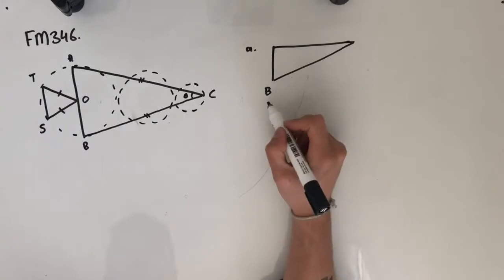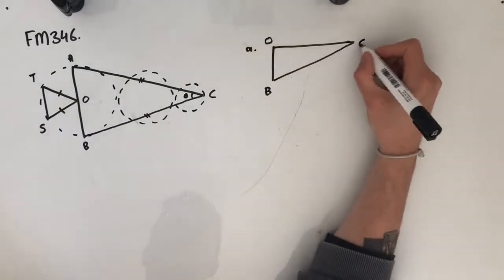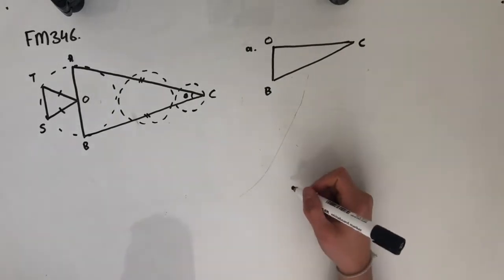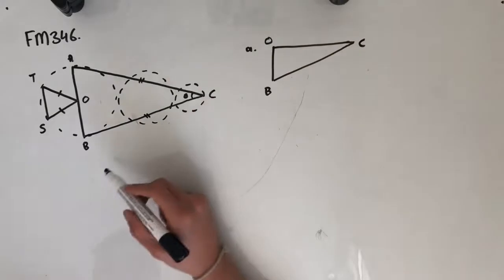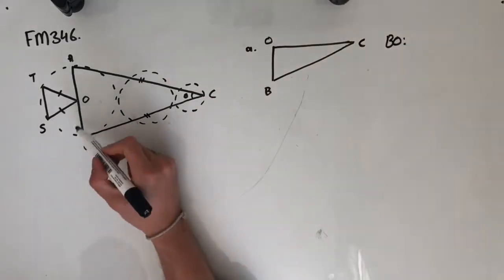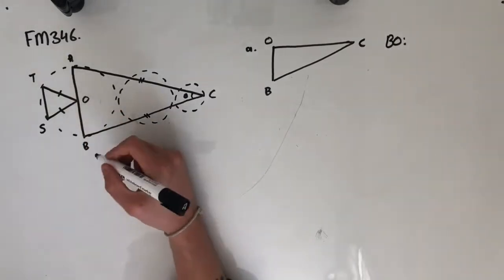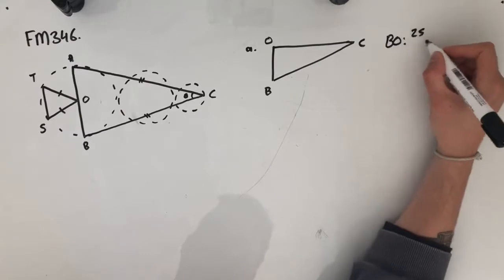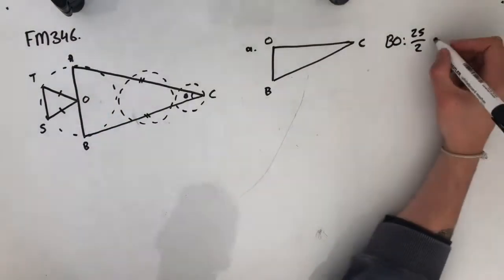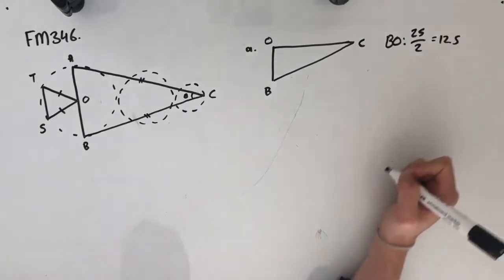So we're going to take a right angle triangle between B, O, and C. The reason for this is because I know that line BO is going to be half of the diameter, or the radius of this circle. So this is going to be 25 over 2 long, so 25 centimeters over 2, which is going to equal 12.5 centimeters.